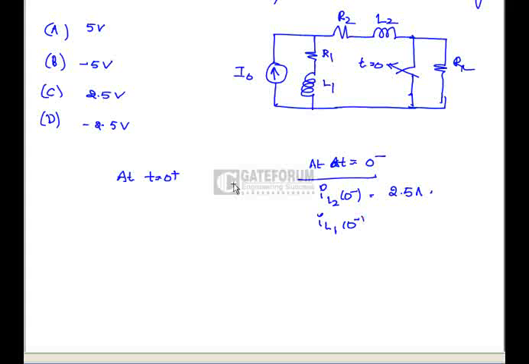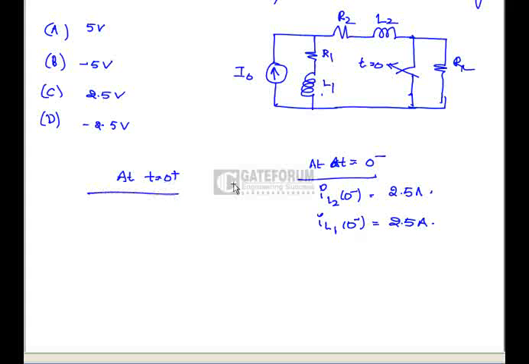IL1(0 minus) is also 2.5 amps, because the resistances R1 and R2 are equal. In the steady state condition, L1 and L2 act as short circuits, so I0 is equally divided between R1 and R2. The magnitude of I0 is 5 amps, hence IL2(0 minus) is 2.5 and IL1(0 minus) equals 2.5.